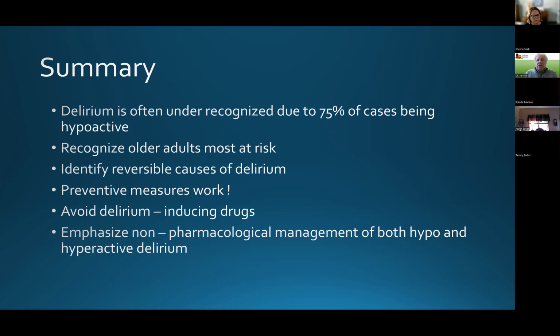We know that preventive measures work. So hydration is probably one of the biggest on the list. Reorientation and mobility are important. Try to avoid delirium-inducing medications. You've probably heard me say Benadryl many, many times.